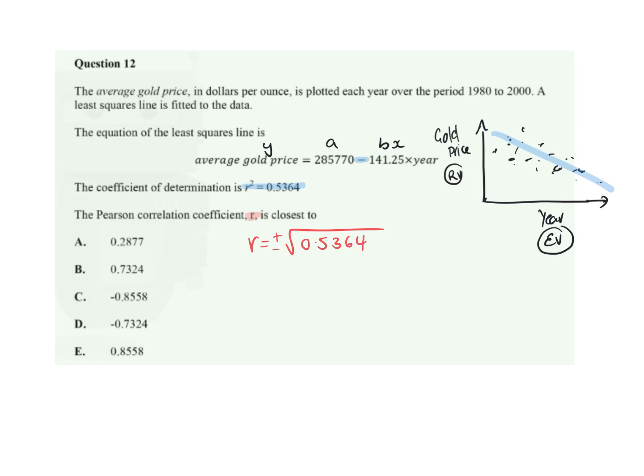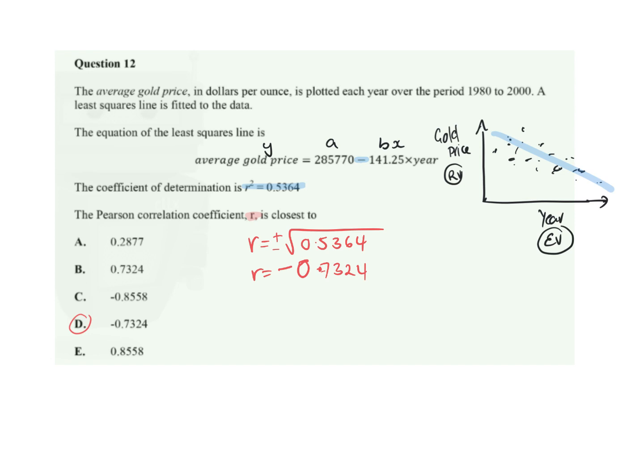Now I'm going to say the answer is a negative because of that negative in the equation. So it's negative 0.7324, okay? So it's D.